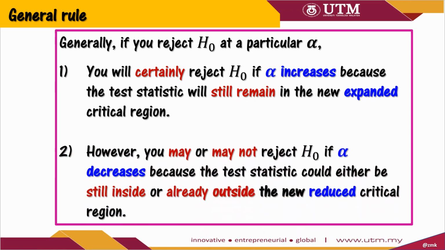However, you may or may not reject H0 if alpha decreases, because the test statistic could either be still inside or already outside the new reduced critical region. You can check this general rule by comparing the test statistic with the corresponding critical value at the specified level of significance alpha and observe if the test statistic will fall in the critical region or acceptance region when you change the level of significance.